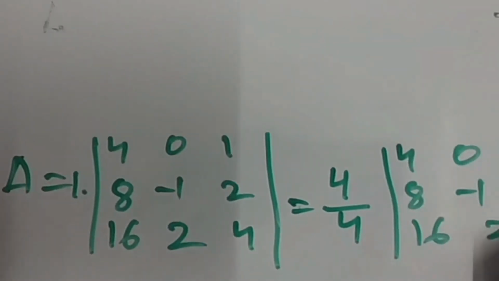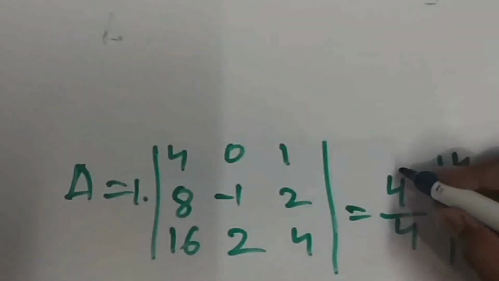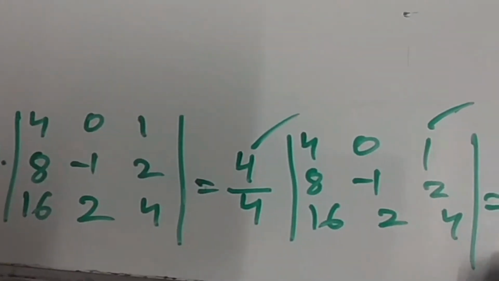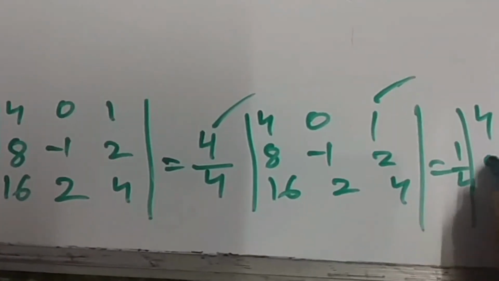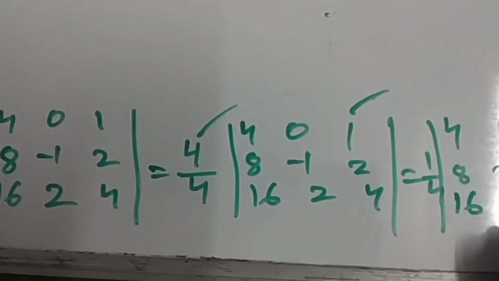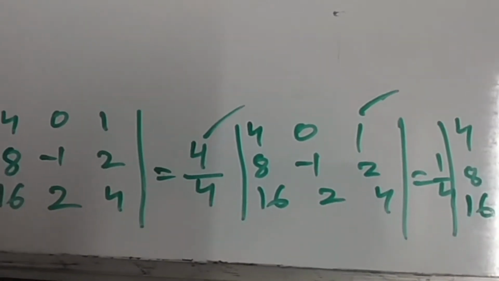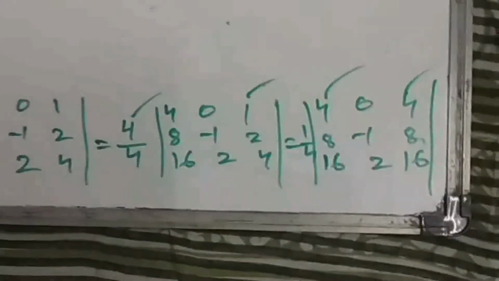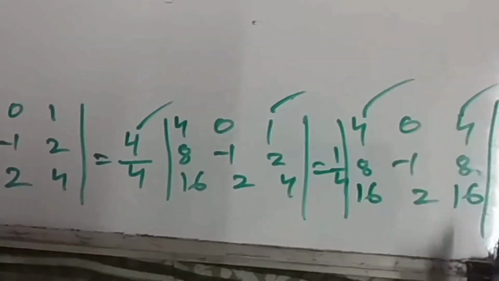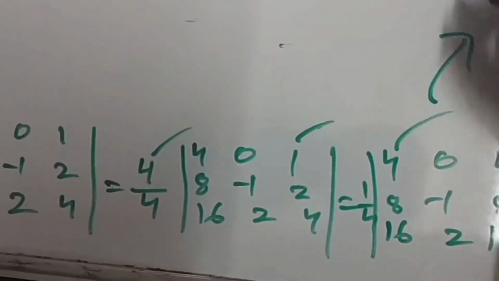Okay, then this 4 will be multiplied in the third column. So here 1 by 4, here 4 8 16, here 0 minus 1 2, here 4 8 16. Okay, now again the first column and third column are giving the same values, we are having the same elements in the first column and third column, so it is 1 by 4 into 0, that is 0. So both ways you can solve here.